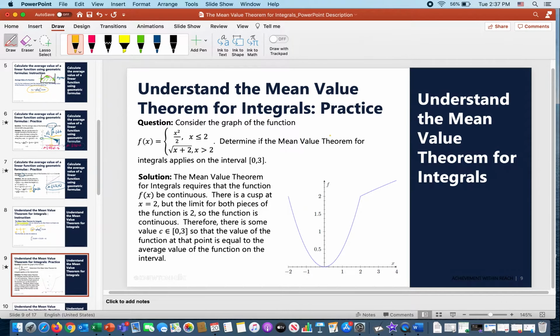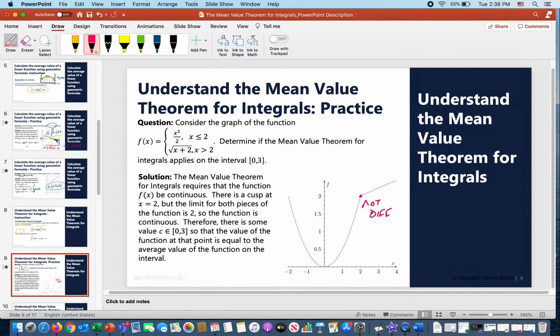So if we look at this problem, it says determine if the mean value theorem for integrals applies on the interval from 0 out here to 3. And we've got this, so it's a parabola, and then all of a sudden it turns into a line. If we asked, is this function differentiable everywhere, then we would say at this cusp where the parabola and the line meet, it is not differentiable.